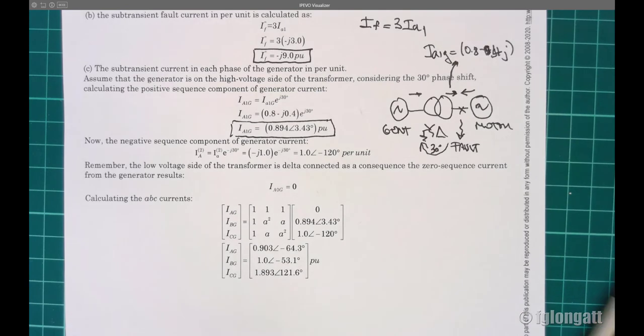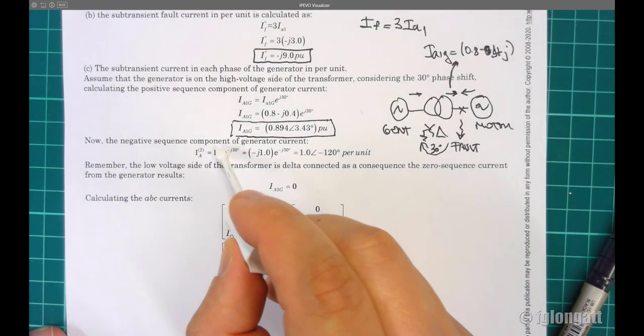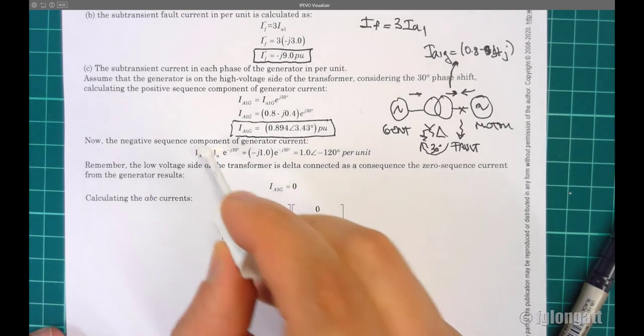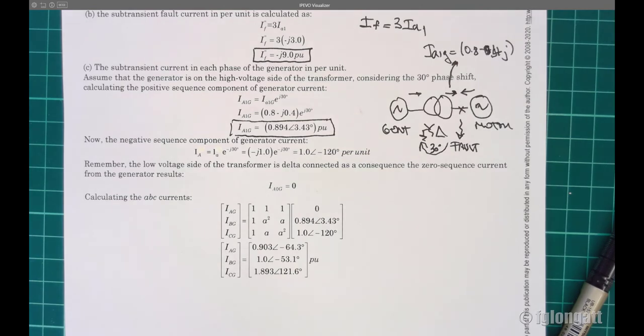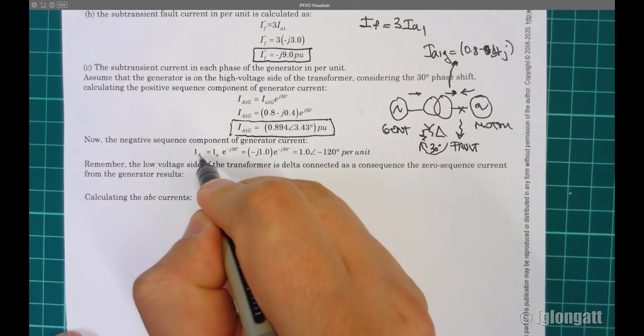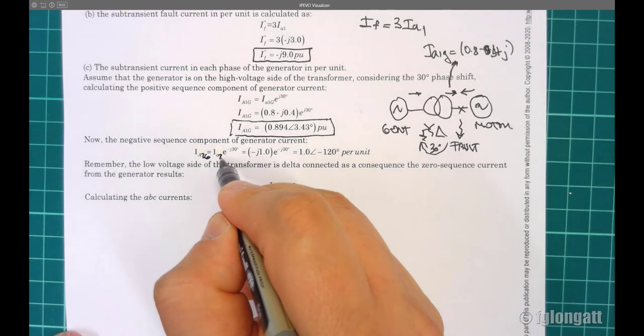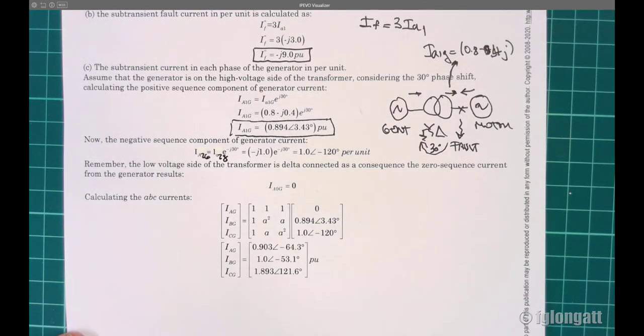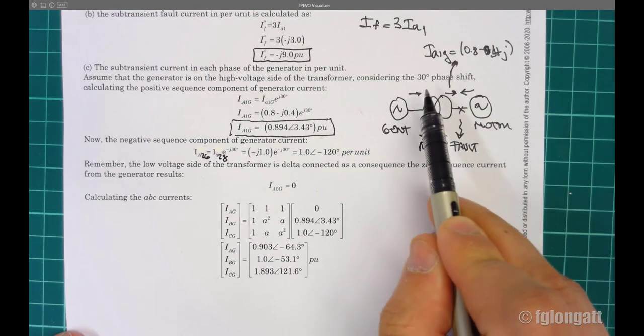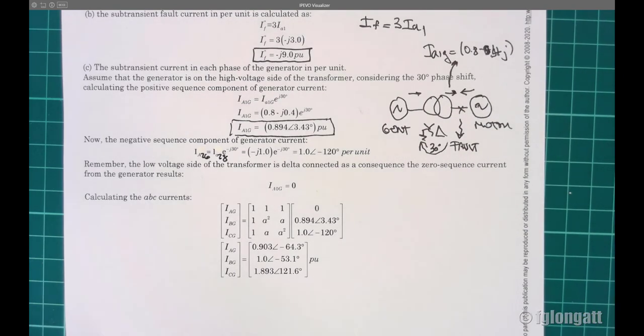And what is the final step? The final step is doing something similar, but now we need to move the negative component of the generator from one side to the other, okay? What we are doing right now is moving the negative sequence component from this side to this side. What is the main difference with the previous calculation?